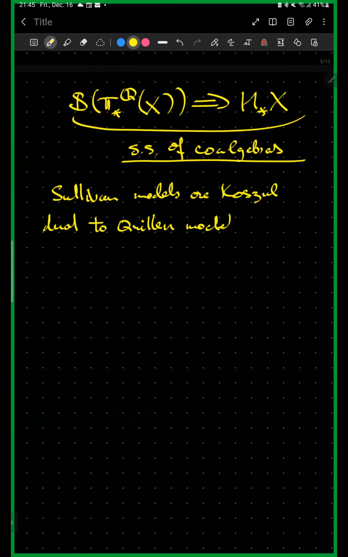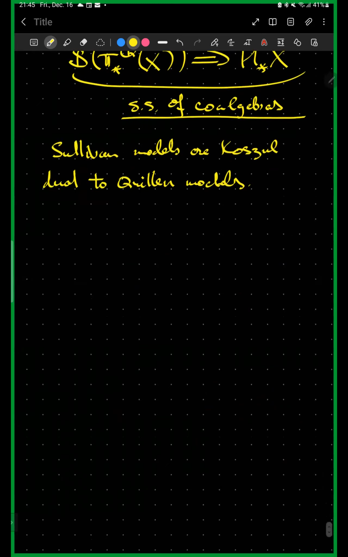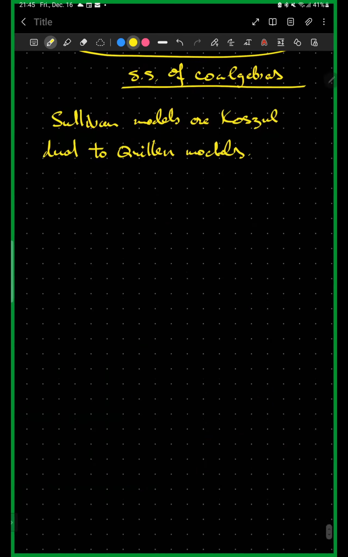Koszul duality allows one to pass from one operad to its dual co-operad, and from algebras over an operad to co-algebras over this co-operad.